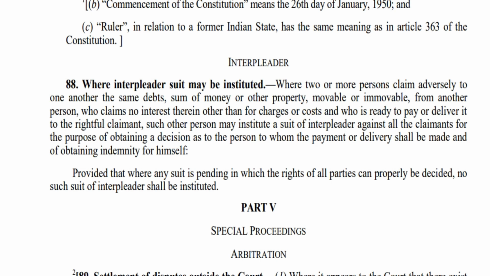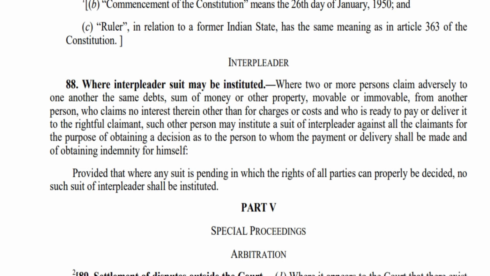So now X will file a case in the court as an interpleader suit. X will file this case requesting the court to decide to whom he should pay the rent, whether to B or to C. The court will decide this aspect, based on which the tenant will pay the money.